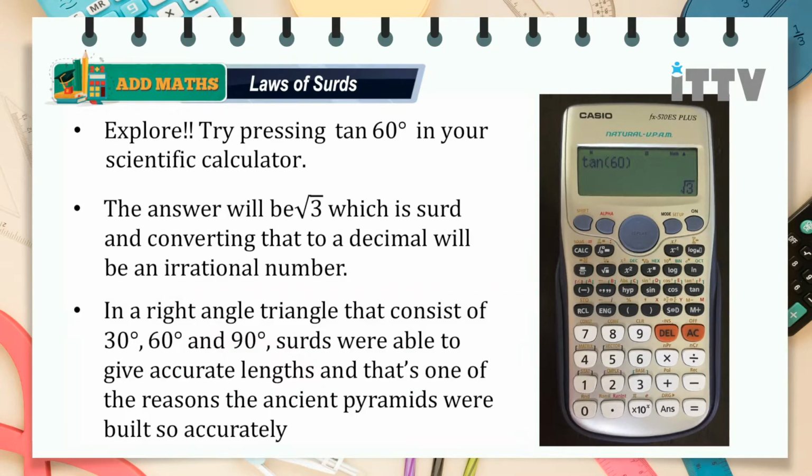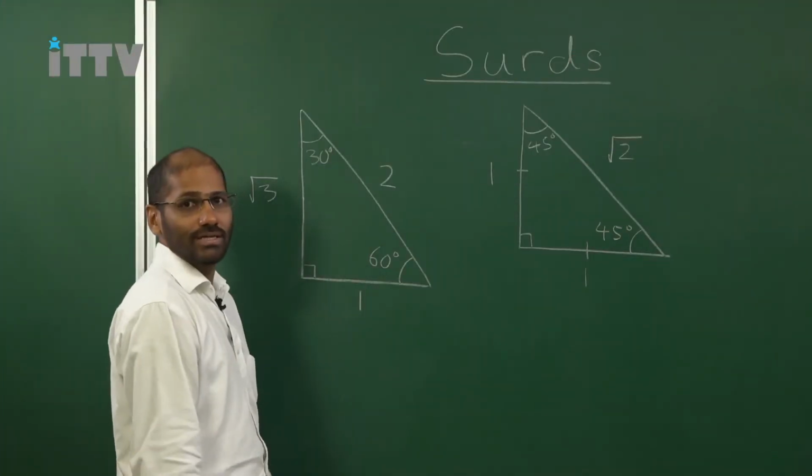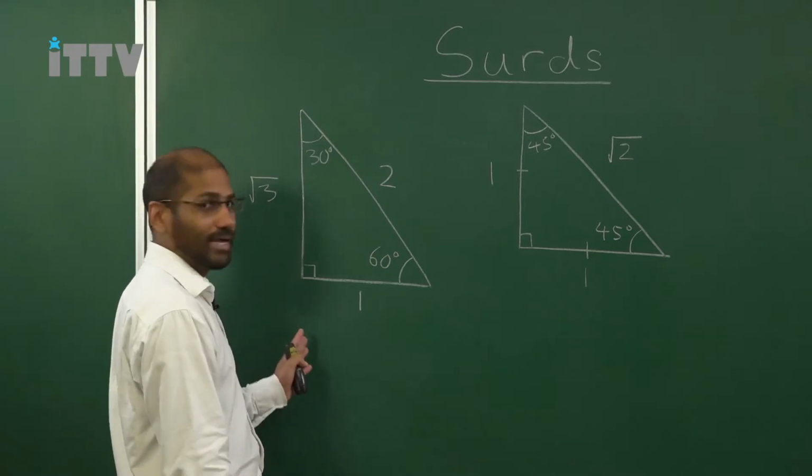Now in a right angle triangle that consists of 30, 60 and 90, surds were able to give accurate lengths. Now these two right angle triangles are examples where surds are used in trigonometry.